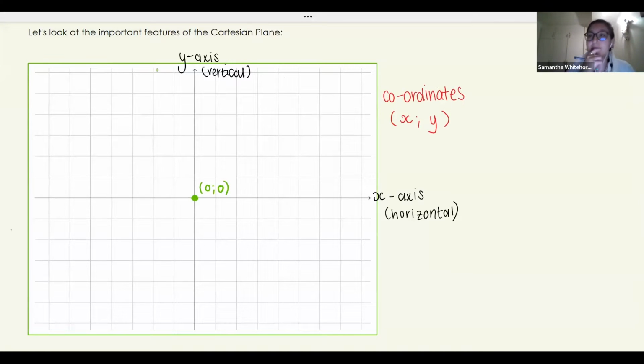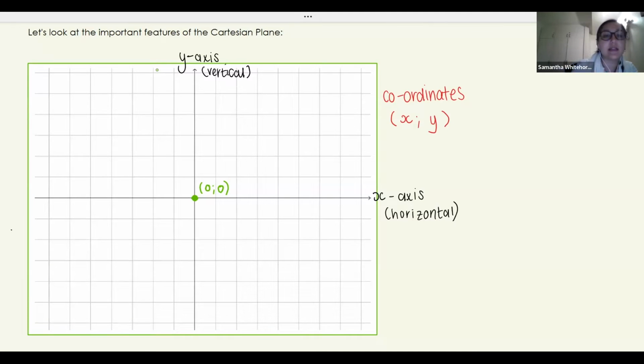I'll explain this as we start to talk about our axes, but you can almost think of this as the starting point of your axes. From there, your y-axis can go up or it can go down. From there, your x-axis can go right or it can go left. It's the starting point from which we can now work with our Cartesian plane.